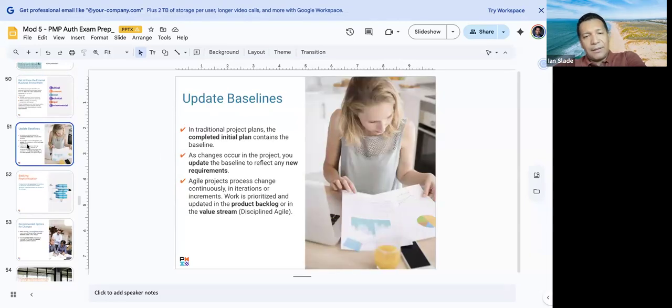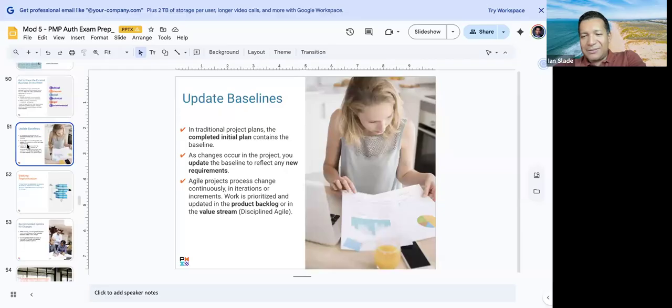Okay, so updating baselines. For the test, they're going to try to trick you. Let's say Cinderella is the vice president, and she talks to Kenny and says, hey, Kenny, can we add this? It's not that big of a deal. We just want to change the color of this protocol. Can we do that? And Kenny, he's a servant leader.